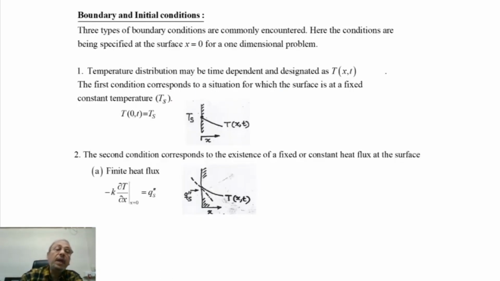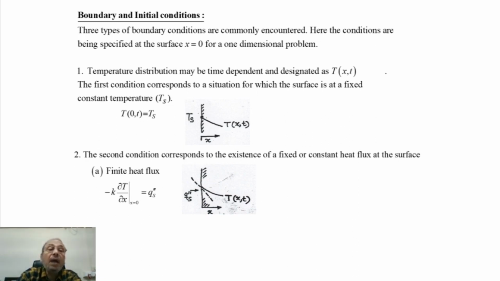We require to choose a specific coordinate system to analyze the given geometry or a given solid, where a heat conduction solution is needed to finally find out the temperature distribution over that solid body. Now, three types of boundary conditions are commonly encountered.